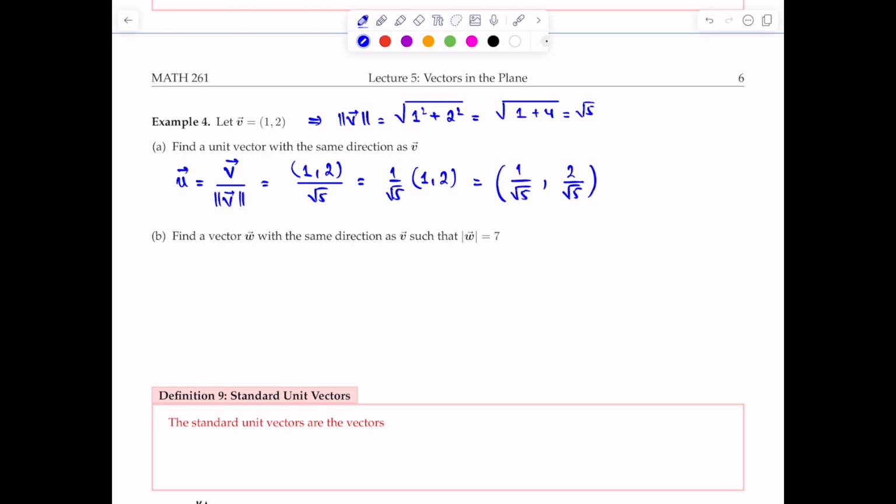Okay, so you do here, since the magnitude of U is equal to 1, because U is a unit vector, then the magnitude of W equal to 7 can be written as 7 times 1, or 7 times the magnitude of U. And because of that, you can conclude that W is equal to 7 times U, which indicates that W has the same direction as V.